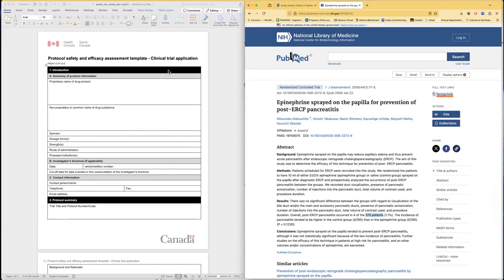As I already mentioned, the Protocol Safety and Efficacy Assessment Template is a form that is required by Health Canada. And this is one of the forms, among other forms, that must be completed and then submitted to Health Canada within the package that we call a clinical trial application.